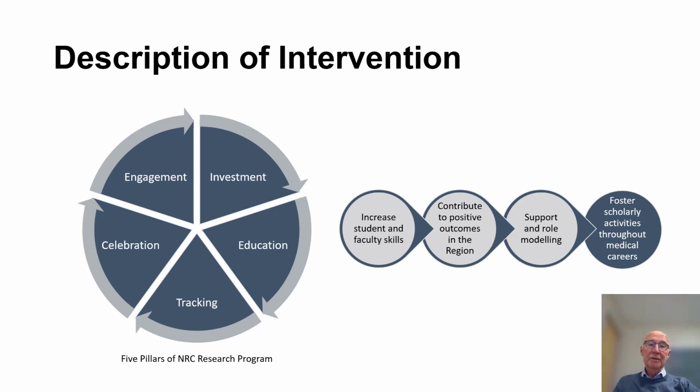Education of faculty and students, being innovative about that. Setting up a Niagara Regional Campus scholarly activity database where we present the data in a minute that we collect on that, and then celebrating any of our successes. And all this led to achieving our goal, which was to introduce successfully scholarly activity to medical students in a way that they would value for the rest of their medical career.